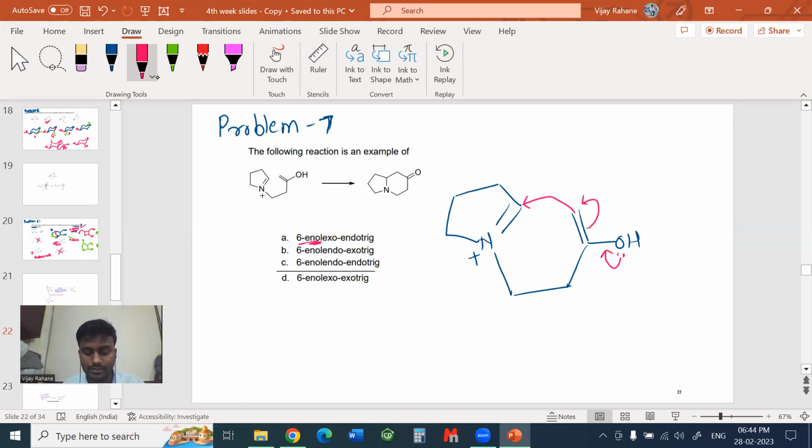So if you see this one, if the ring forms like this and it attacks another center, it will be an enol.